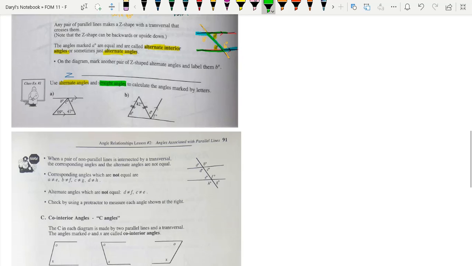We're going to find the angles marked by different letters. You have here the first figure, letter A. You can always extend your drawing, just to emphasize the location of your parallel lines.